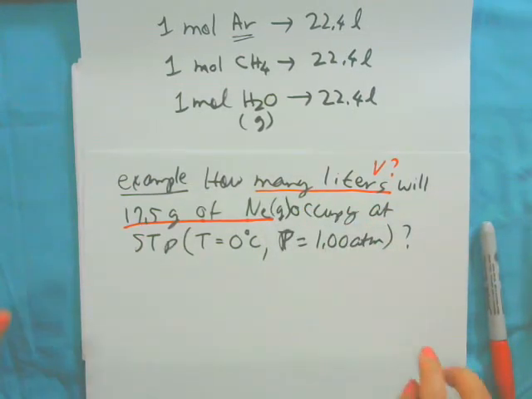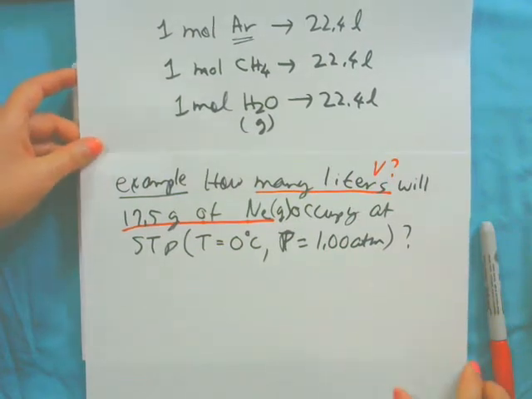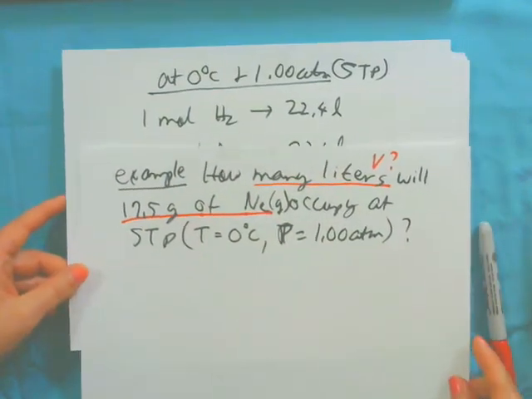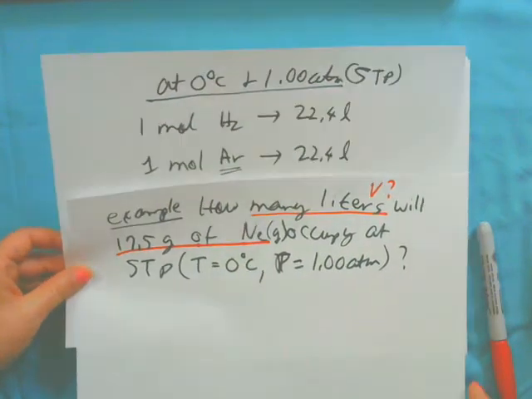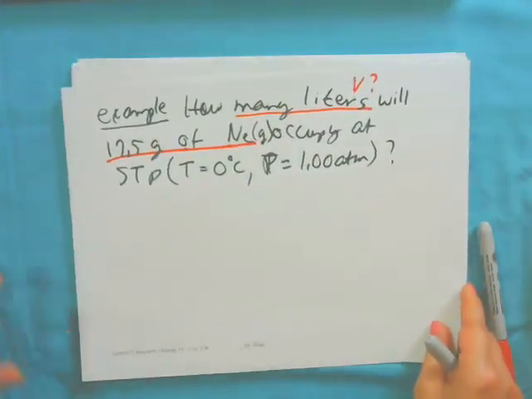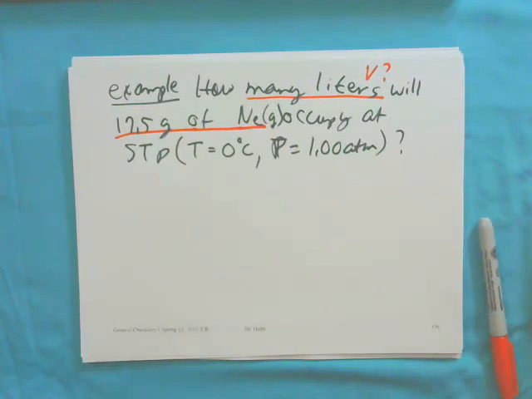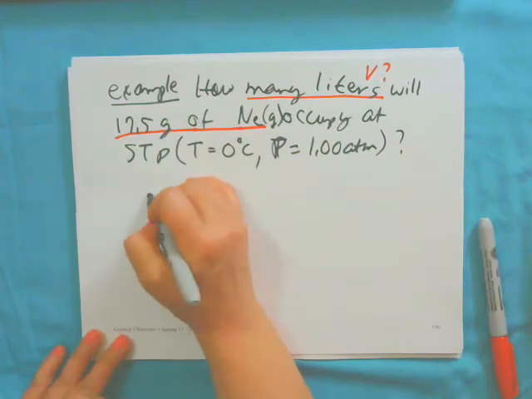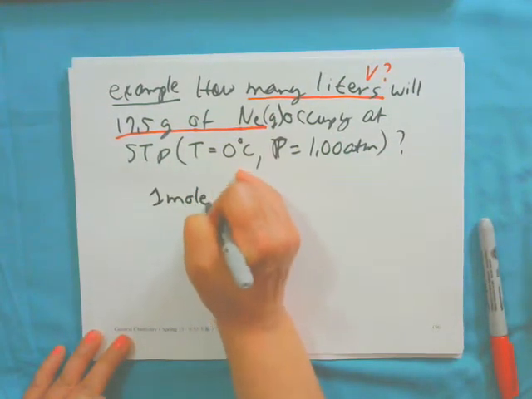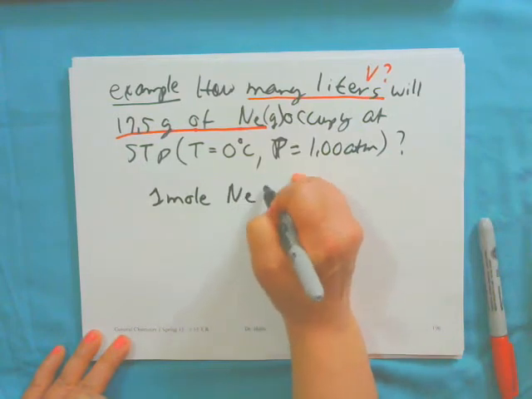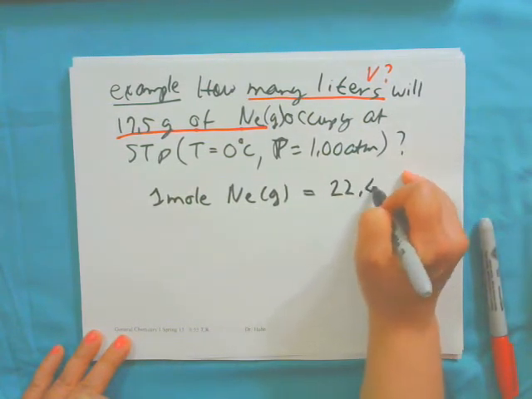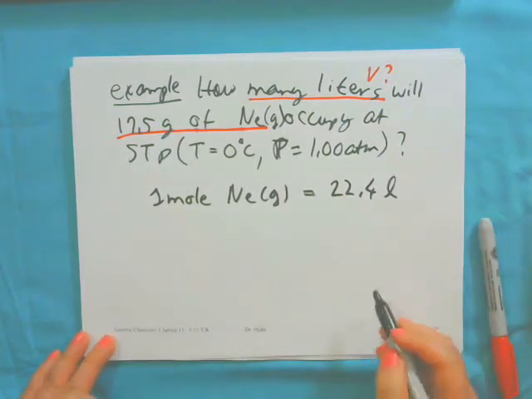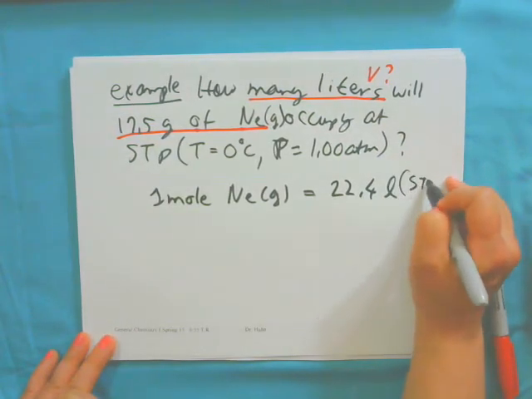Alright, now we're going to go ahead and write out the STP statement. So I said 1 mole of any gas, including neon, would have 22.4 liters. So let's write out what we know about that. We're going to say 1 mole of neon gas will occupy 22.4 liters. Okay, that I got out of the thing being at STP.